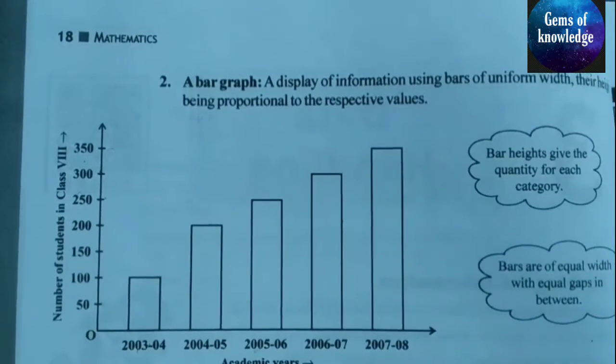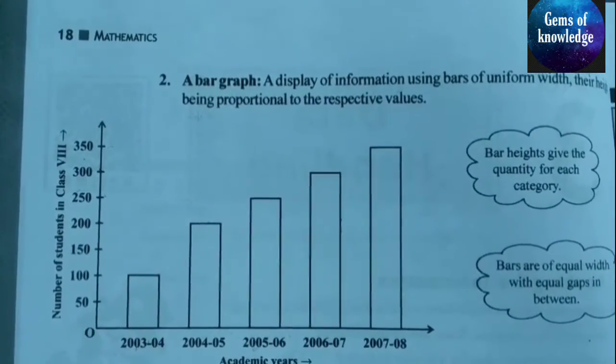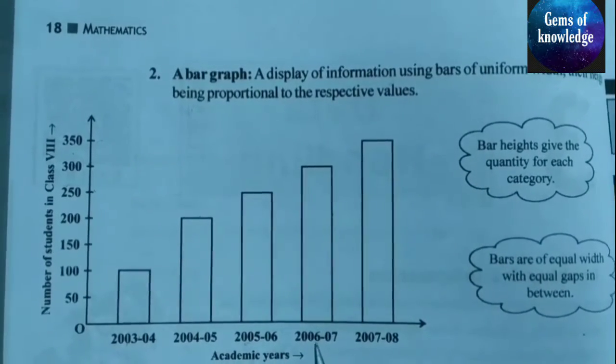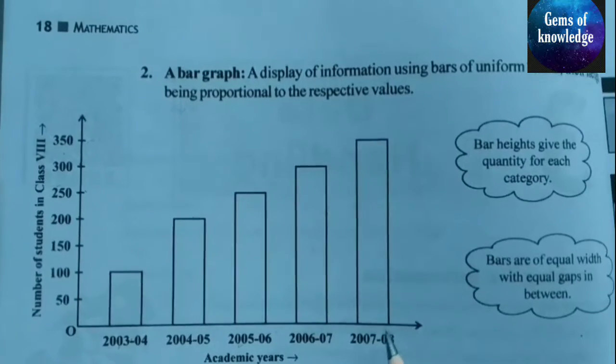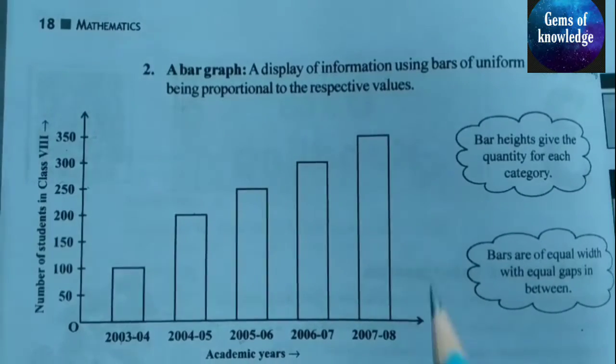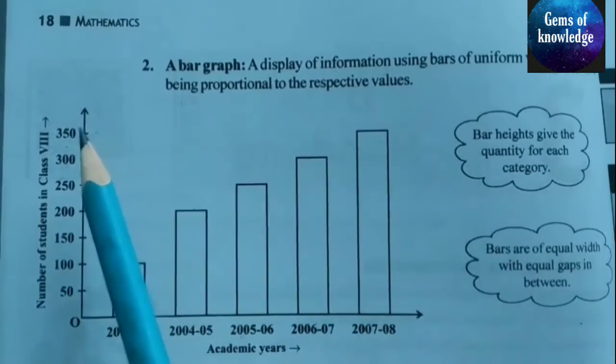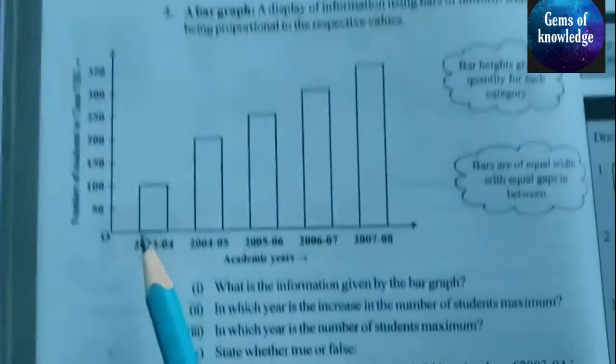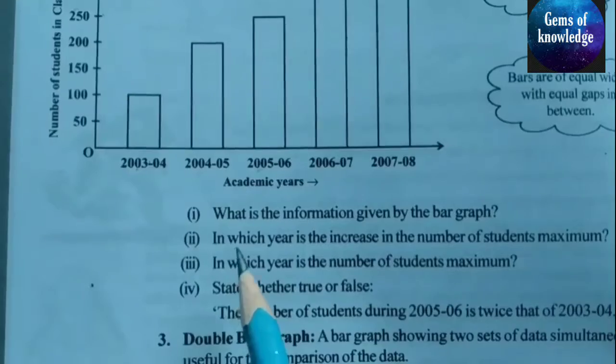So there were 300 students in class 8th in the particular year 2006 and 7. Next you can see 2007 and 2008 there were 350 students.